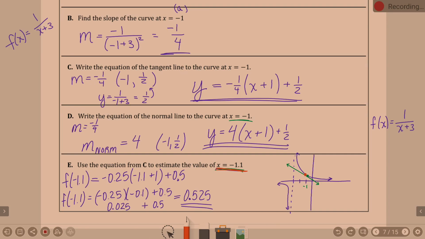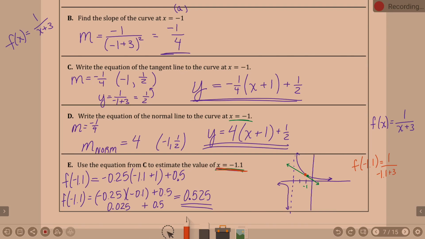Now, proof. Okay, this was using negative 1.1, right? And this was estimating. If we go into the original piece and find f of negative 1.1, it's 1 over negative 1.1 plus 3.